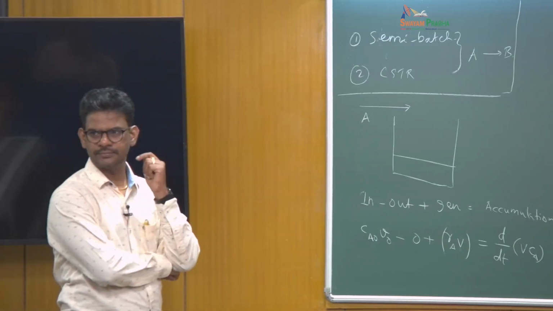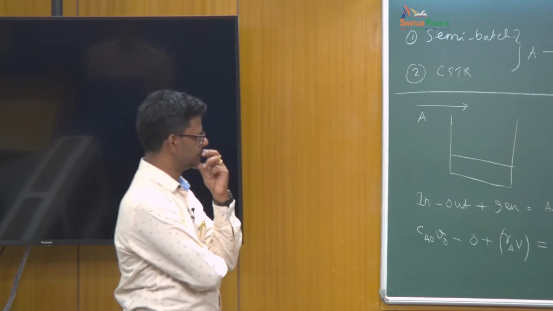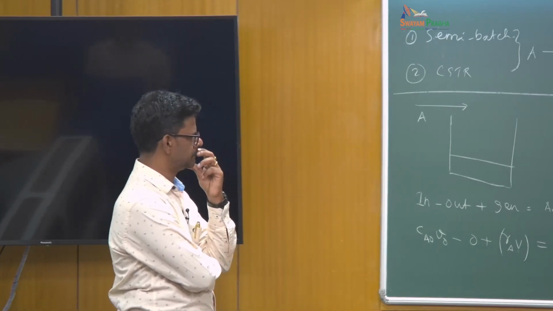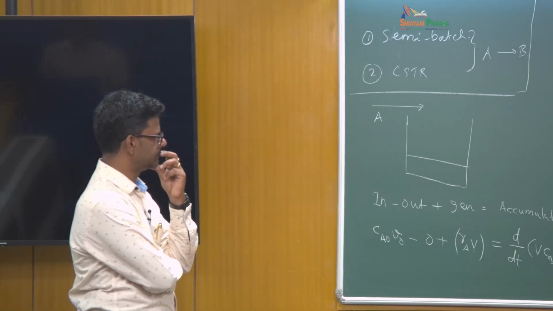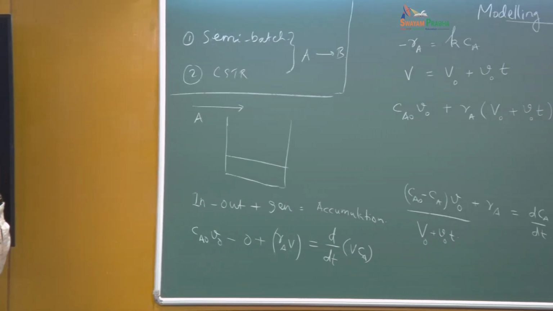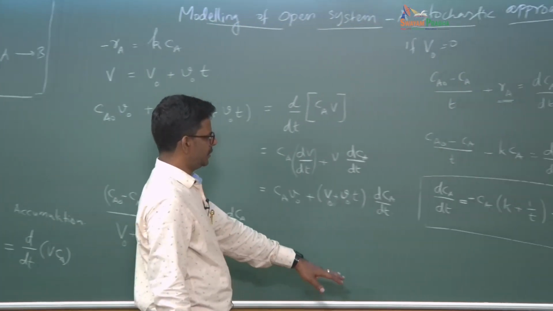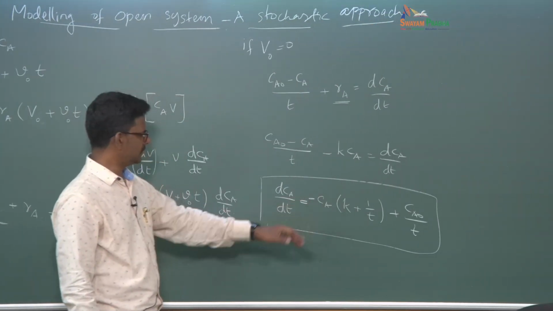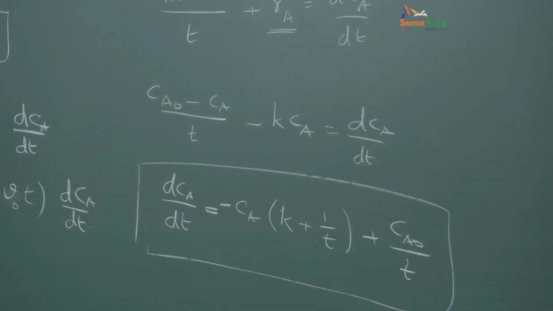It's all good. Okay, so you probably need an initial condition, and then you will solve this, get C as a function of time t, and then get conversion and so on. So this is what we do in terms of the semi-batch deterministic approach.